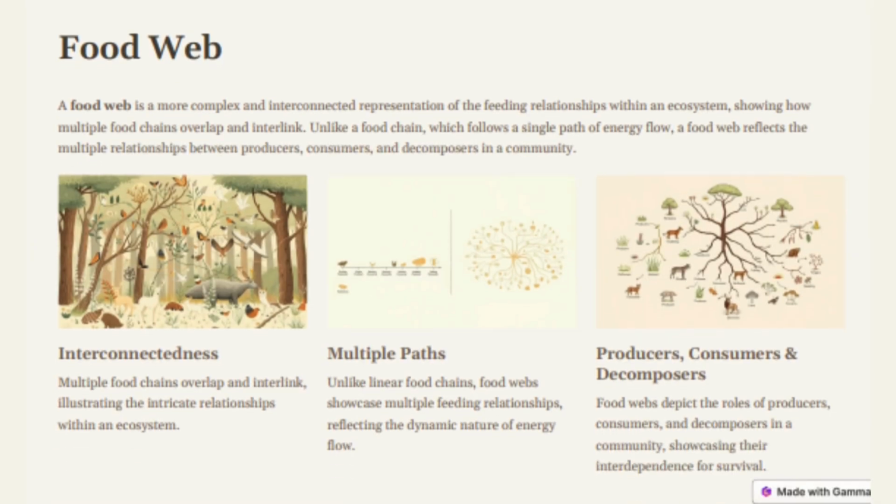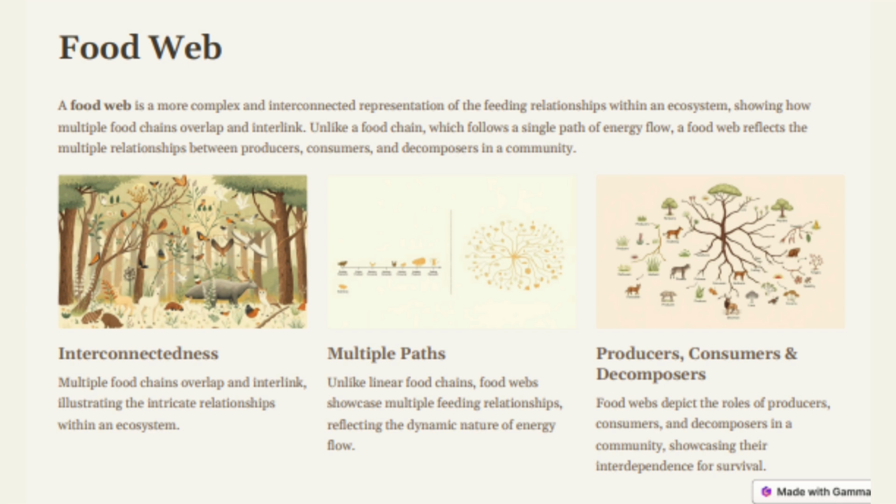So now let's talk about the food web. So how does it differ from the food chain? So a food web is a more complex and interconnected representation of the feeding relationships within an ecosystem. So, for example, yung food chain kanina, isang ikot lang siya.